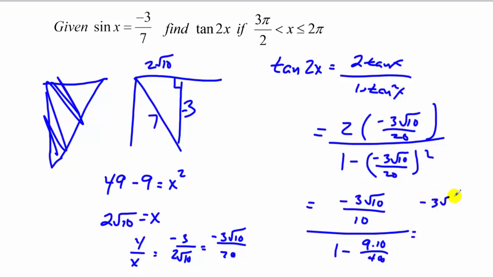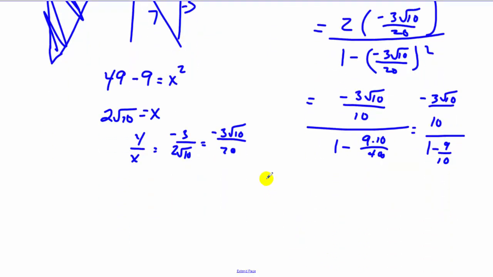Negative 3 root 10 over 10 over 1 minus, the 10 and the 400 go to a 1 and a 40, so that's 9/40. And we can simplify that a little bit more. This is negative 3 root 10 over 10 times 1 minus 9/40.